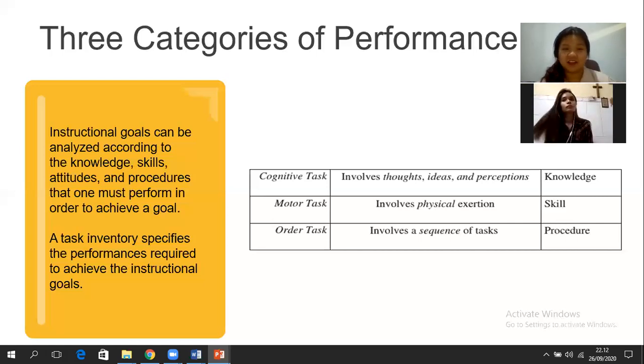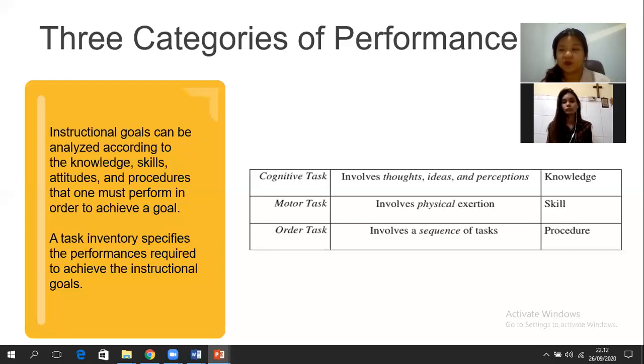And then the order task, which involves a sequence of tasks. It's a procedure. So instructional goals can be analyzed according to the knowledge, skills, attitudes, and procedures that one must perform in order to achieve the goal.